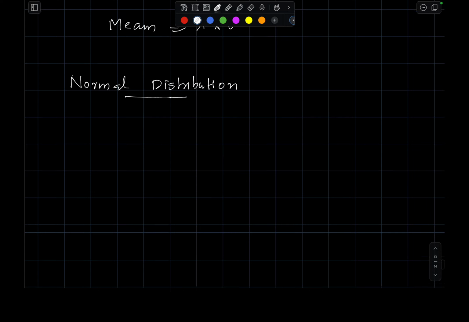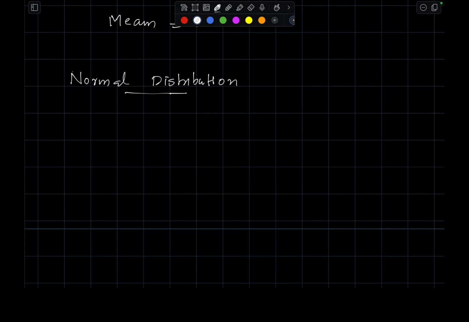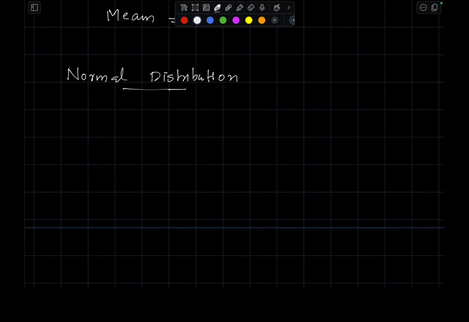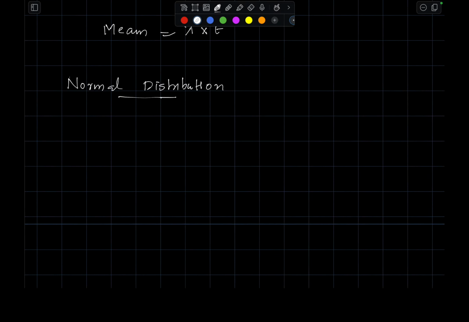In probability theory, a normal distribution or a Gaussian distribution is a type of continuous probability distribution. So this is the first continuous distribution which we are looking into today. We initially discussed Bernoulli distribution, binomial distribution, then Poisson distribution. All three were taking into account discrete random variables. So this is the first continuous random variable or continuous distribution which we are looking into, the normal distribution.